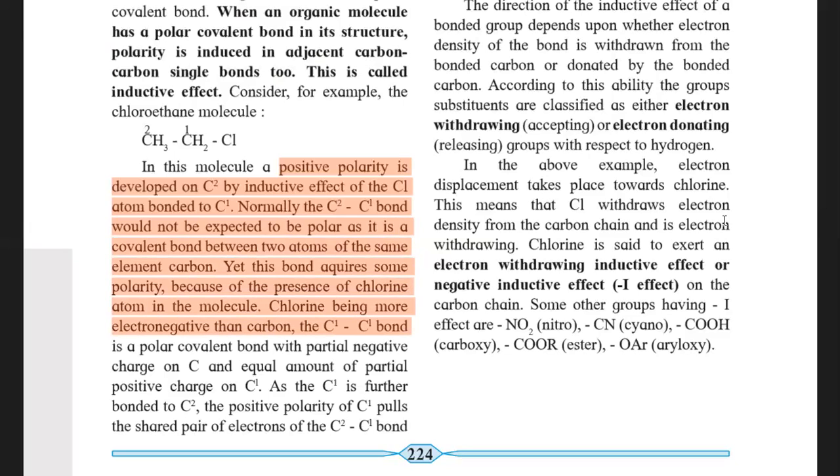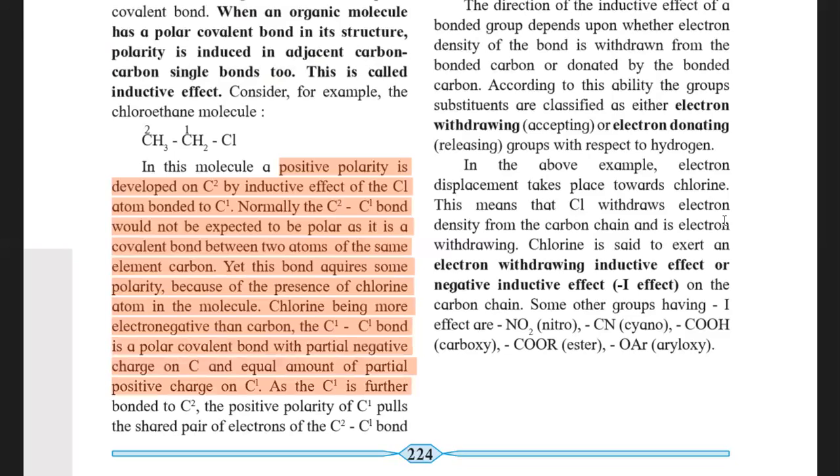Here the carbon 1 and chlorine bond is a polar covalent bond with partial negative charge on chlorine. Again here carbon is given, but here must be chlorine, equal to the amount of partial positive charge on carbon number 1, as carbon number 1 is further bonded to carbon number 2.